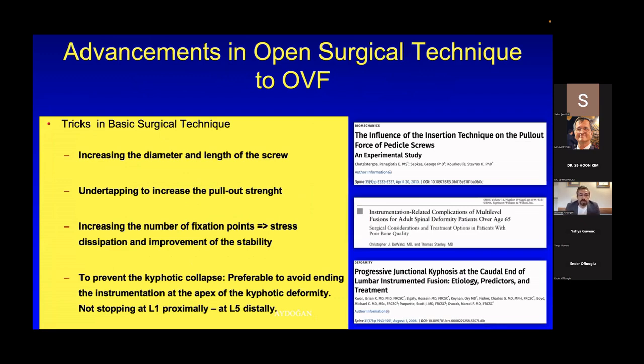So let me say about some tricks I also use in my practice. Increasing the diameter and length of the screw. As I told you, we have to be careful about increasing the diameter of the screw, because when you increase the diameter more than necessary, you can have pedicle fracture.